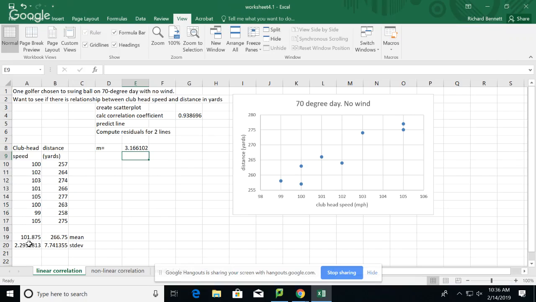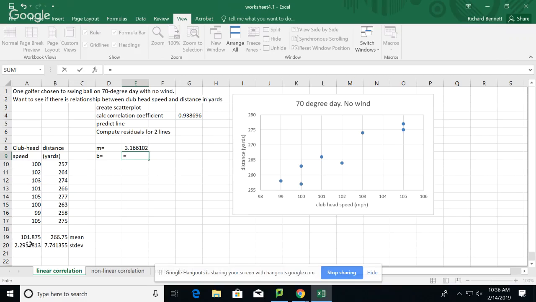Okay? Now, how do we find the Y-intercept? It must be Lindsay's turn. You'll do the mean of the distance.